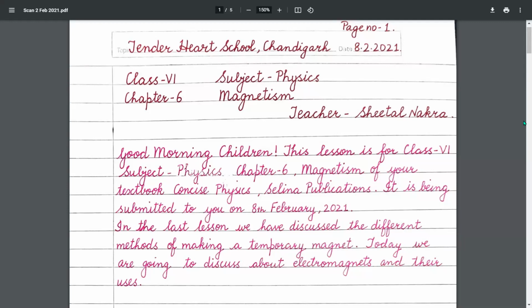It is being submitted to you on 8th February 2021. In the last lesson, we have discussed the different methods of making a temporary magnet. Today, we are going to discuss electromagnets and their uses.